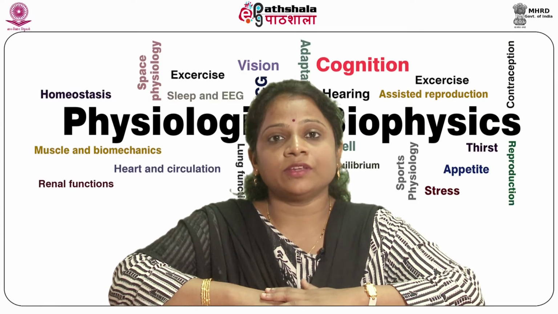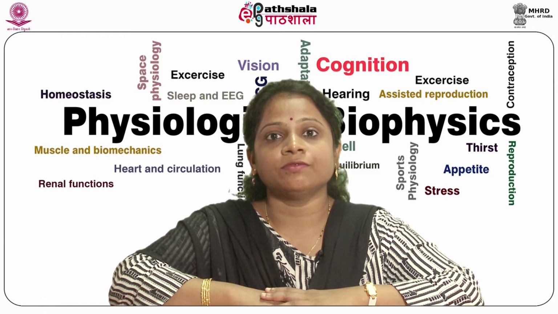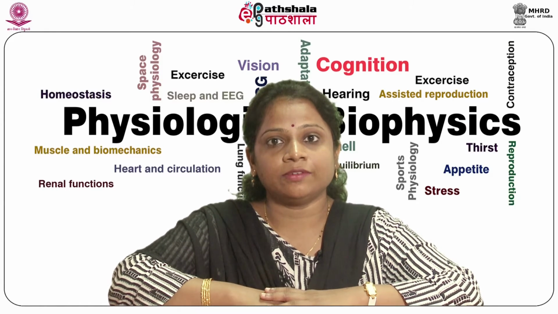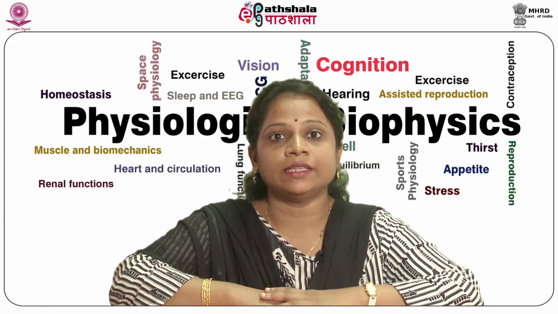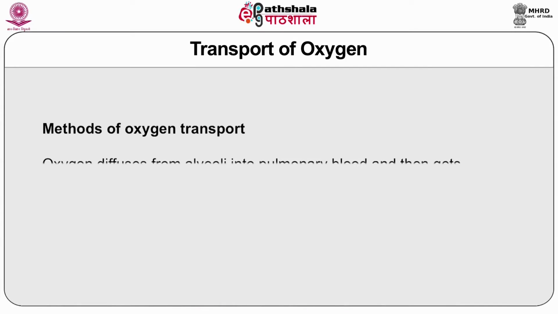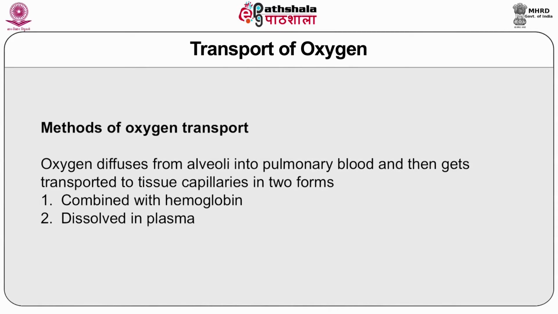Similarly, the partial pressure of CO2 of venous blood is 46 millimeters of mercury and that of alveolar air is 40 millimeters of mercury. CO2 moves from blood to the alveoli and the PCO2 of blood leaving the lungs is 40 millimeters of mercury. Oxygen diffuses from alveoli into pulmonary blood and then gets transported to tissue capillaries.